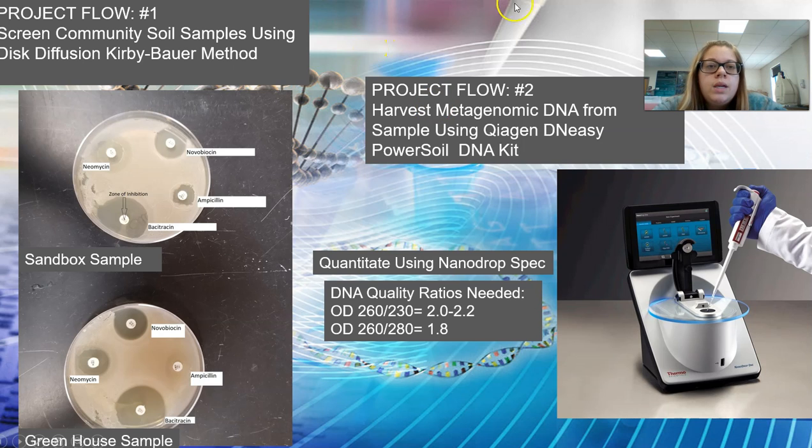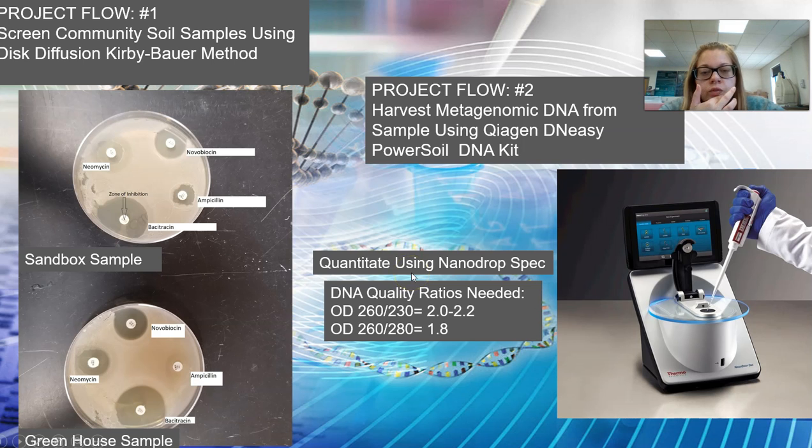And then we moved on to our second step, which was harvesting the metagenomic DNA from our samples. We used this DNeasy PowerSoil kit. Once we had our metagenomic DNA harvested, we used the NanoDrop spec to quantitate our data and see the quality of the DNA that we had harvested.